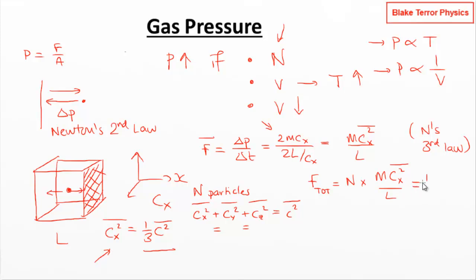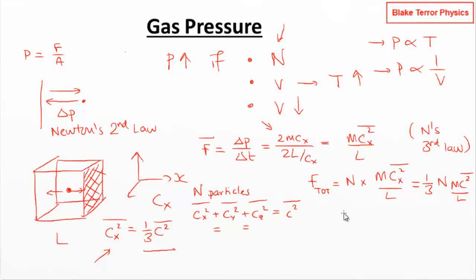So we've now got 1/3 N m c squared with a bar on. So that's what we've got for our total force. I've left the L off, divided by L.